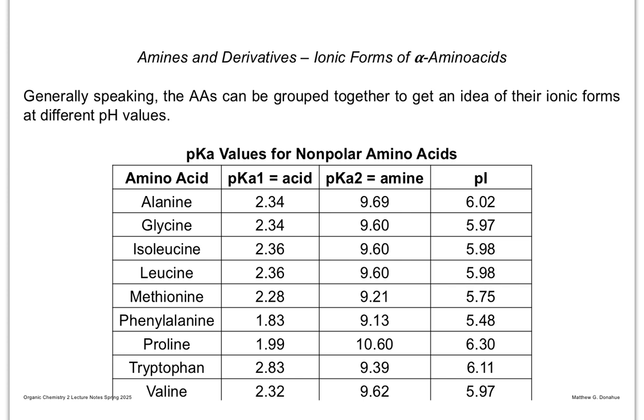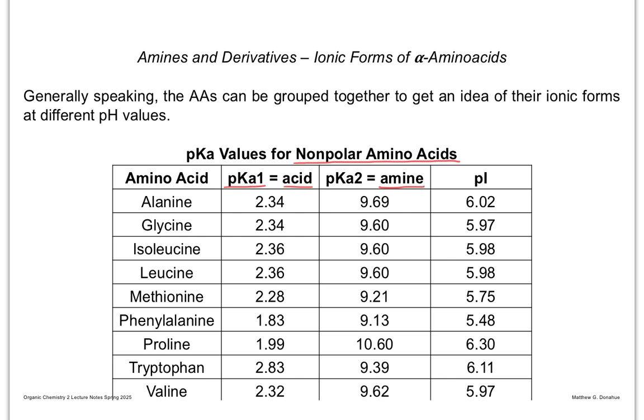So generally speaking, the amino acids can be grouped together to get an idea of their ionic forms at different pH values. So this table has the pI values for the nonpolar amino acids. So again, those with the nonpolar side chains. What you see are the different amino acids. The pKa1, that relates to the carboxylic acid.